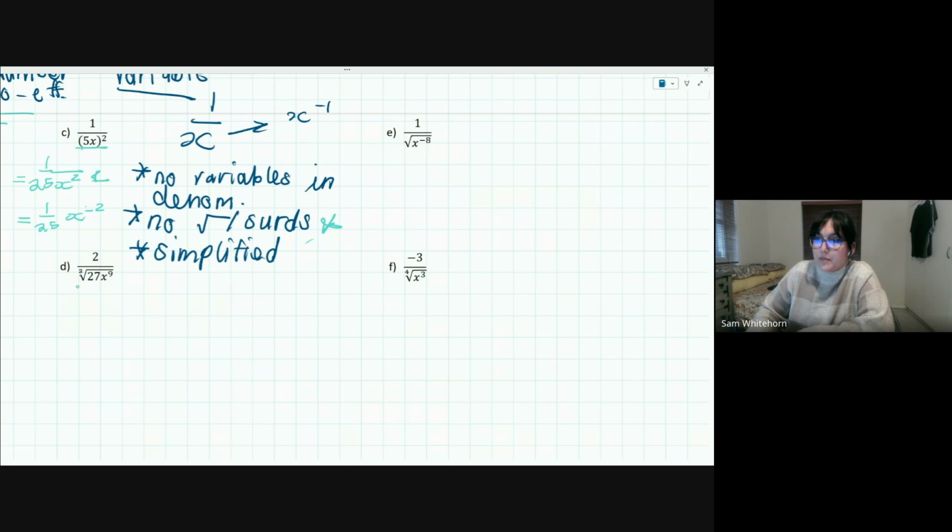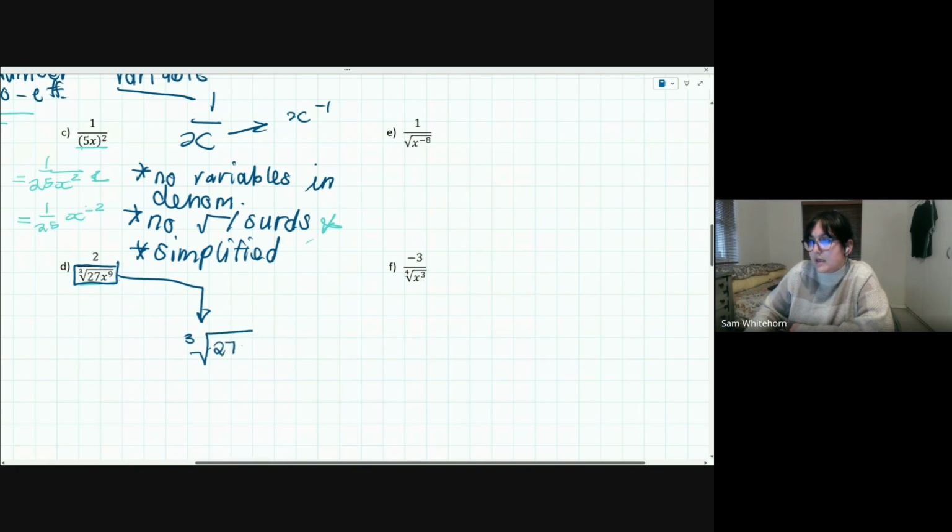Okay, so the first issue that I have in D is the fact that I've got a square root, or surd rather. Let's not say a square root, also because it's not a square root, it's a cube root. So I'm going to deal with that first. So let's actually go and sort of block that off and say that's what we're going to deal with first. Right. So we've got the cube root of 27x to the power 9.